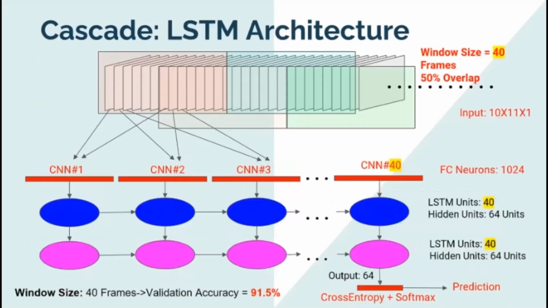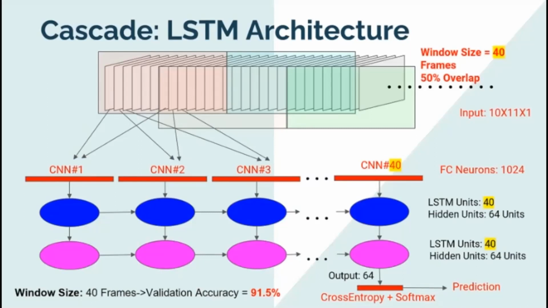The second part of the model is to train an LSTM neural network. We have used the frames from each window as an input to the saved CNN models to produce their 1024 neurons. Then each of the 1024 neurons is an input to an LSTM unit that has 64 hidden units.